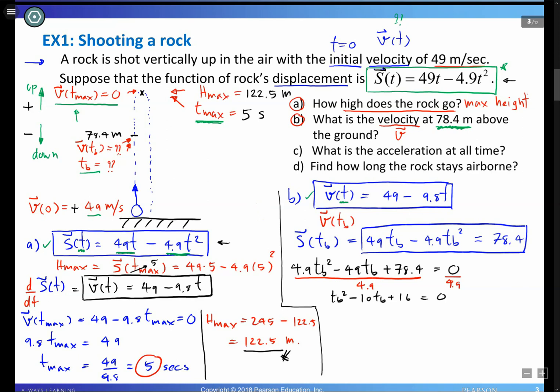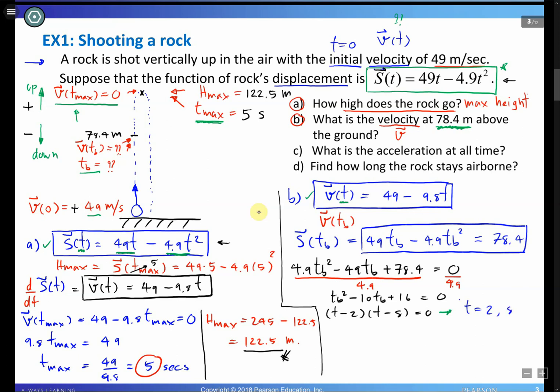Okay, this looks good, which means that I can factorize this. It becomes (t minus 2)(t minus 8) equal to 0. Solving this, I get t equal to 2 and 8. So at this point, I know that t equal to 2 and 8.